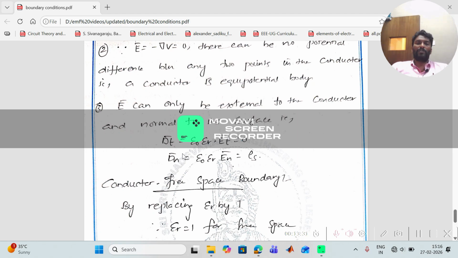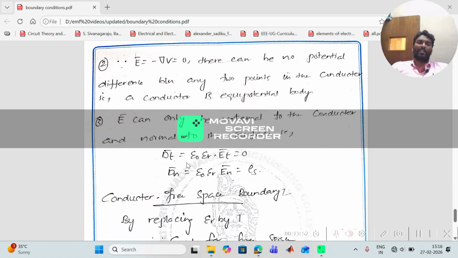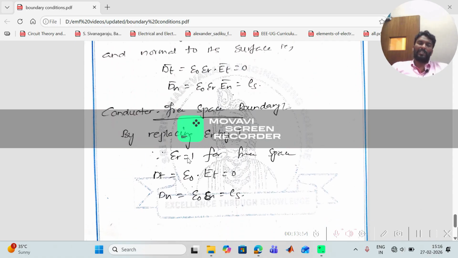So E bar can only be external to the conductor and normal to its surface, that is, the tangential component of electrical flux density, which is epsilon naught epsilon r into Et, is equal to 0, and the normal component of electrical flux density, which is the product of epsilon naught epsilon r into En, is equal to rho S. So that is the case when we consider one medium as a conductor and the other as a dielectric.